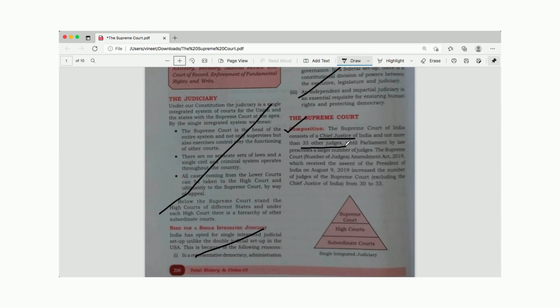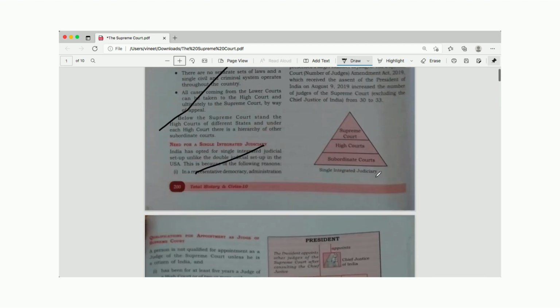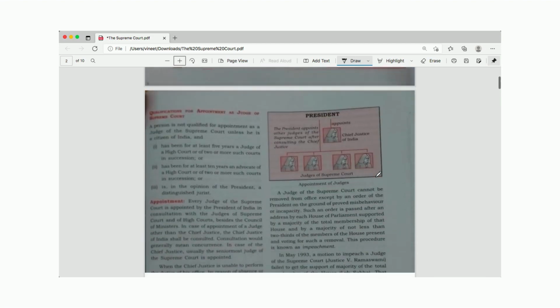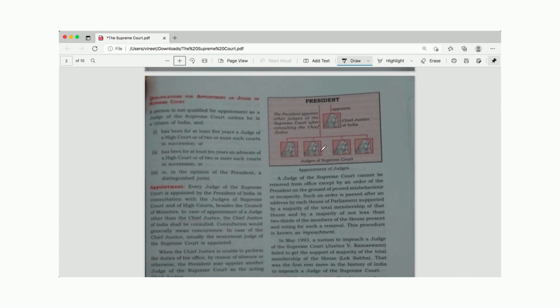There they have faltered because they've given Chief Justice plus 30 other judges, but actually the latest count is Chief Justice and not more than 33 other judges. So if you get Chief Justice plus 33 other judges, please mark that according to the latest count of the Supreme Court judges.